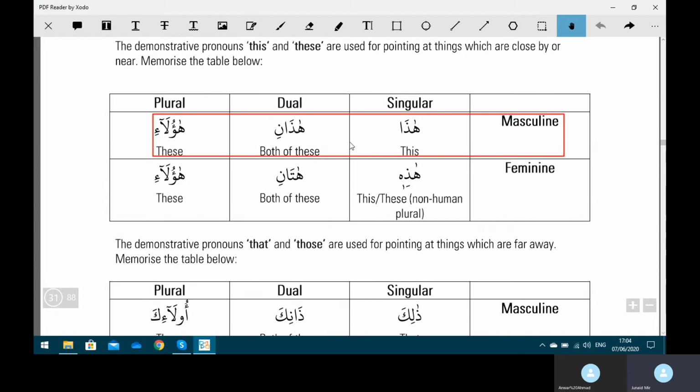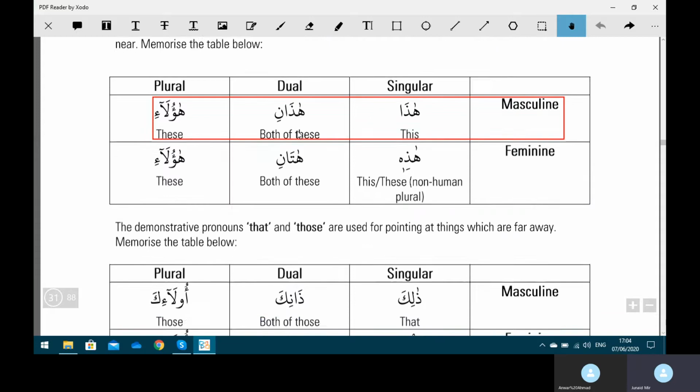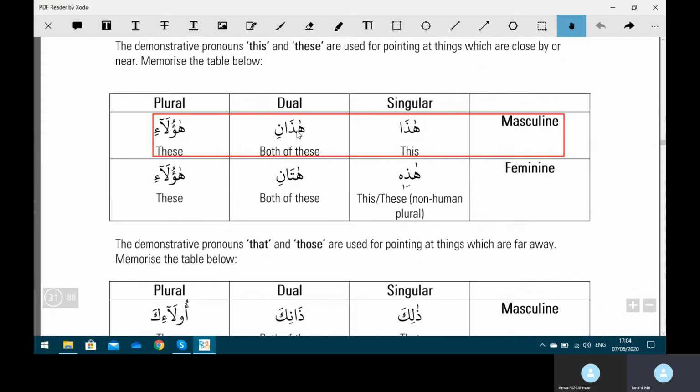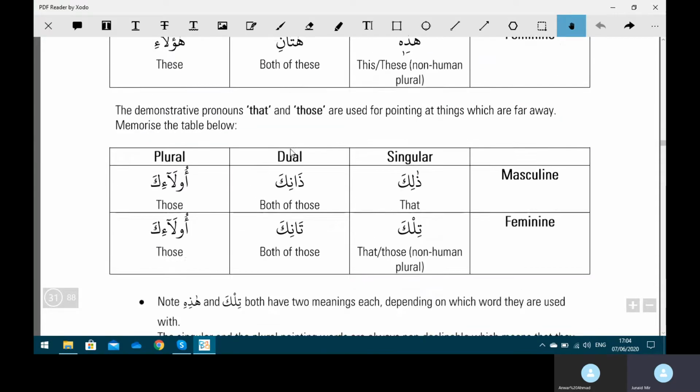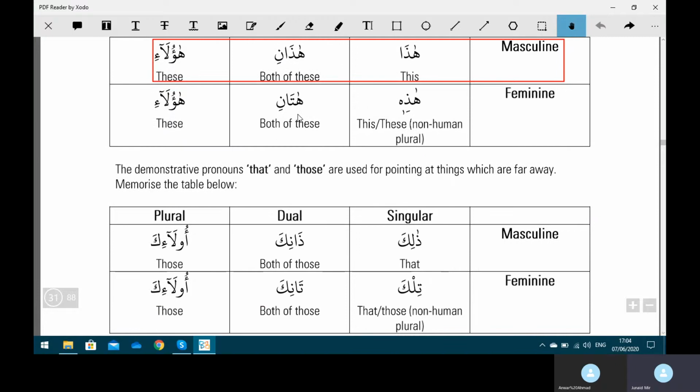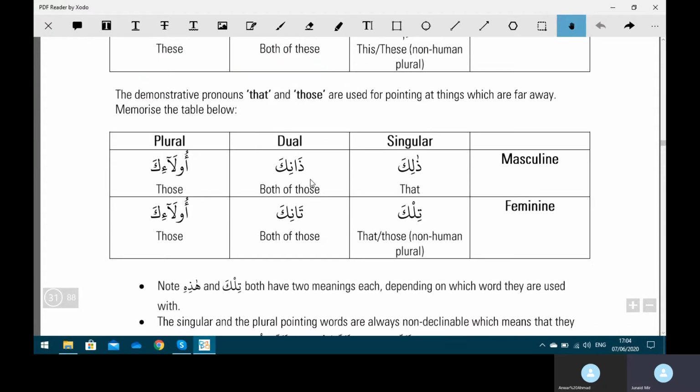And we talked about the i'rab, or the case ending, of the duals here. So hadani is raf, hadaini is nasb jar, hatani is raf, hataini is nasb jar. Dhanika is raf, dhainika is nasb jar, and tanika is raf, and tainika is nasb jar.